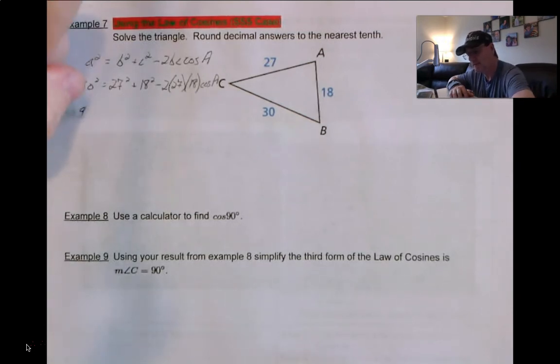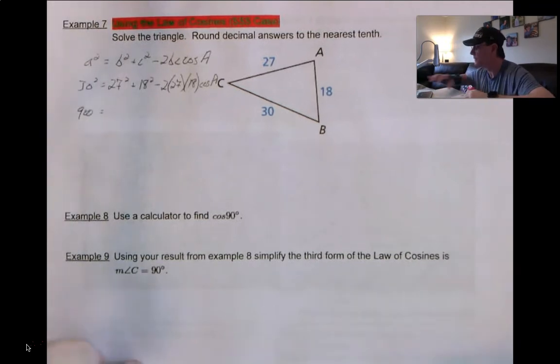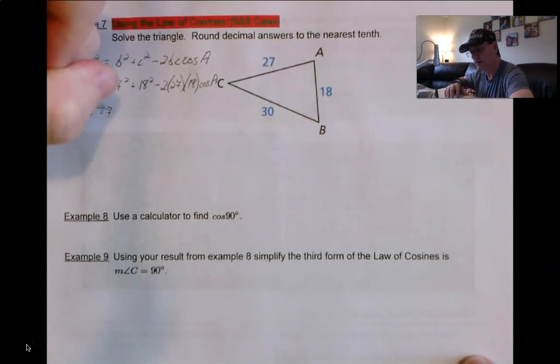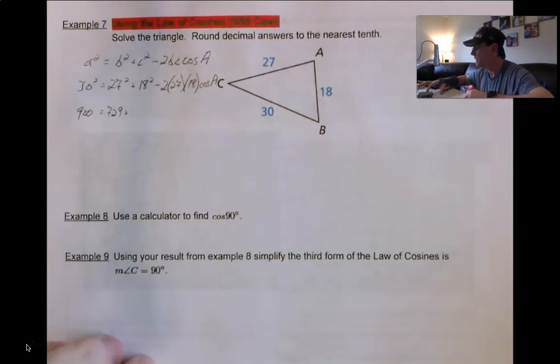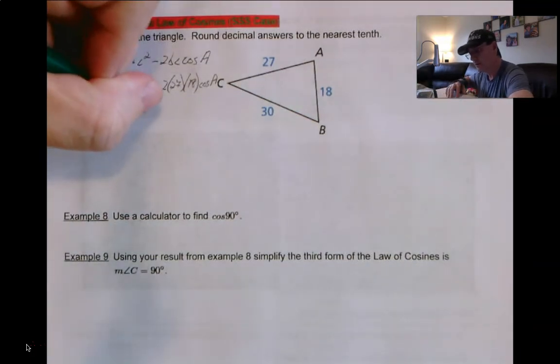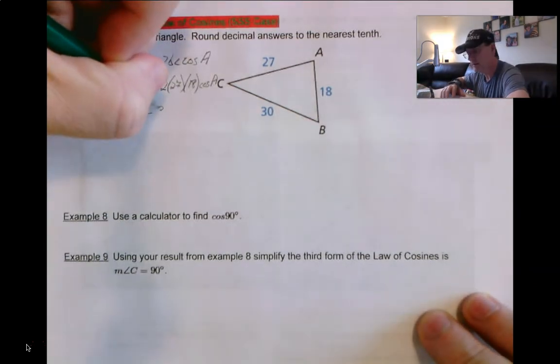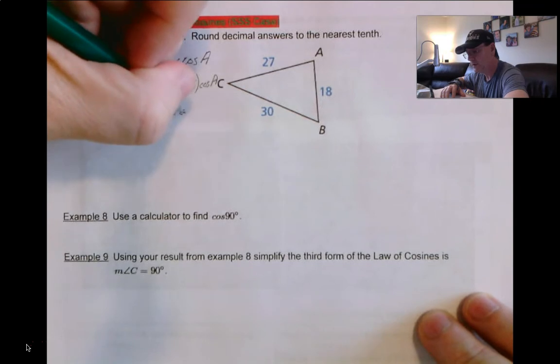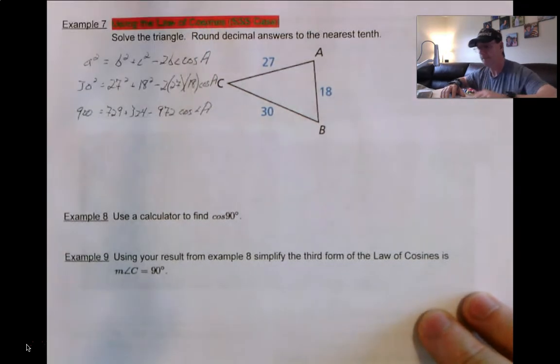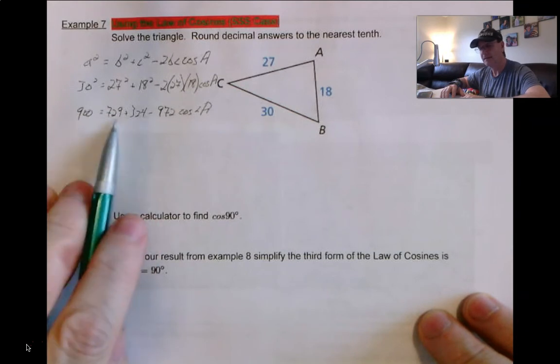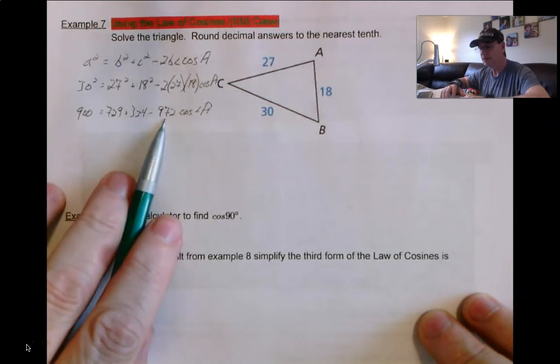So 900 equals 27 squared, 729, plus 18 squared, 324, minus 2 times 27 times 18, 972 cosine angle A. Again, I can add these together, but do not subtract the 972.